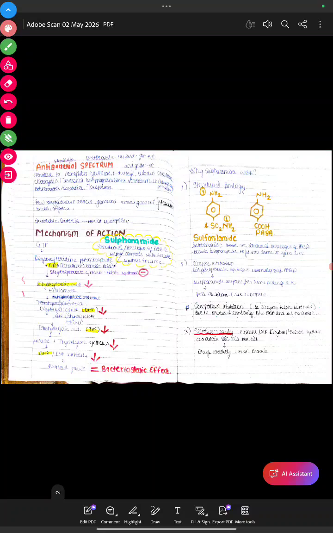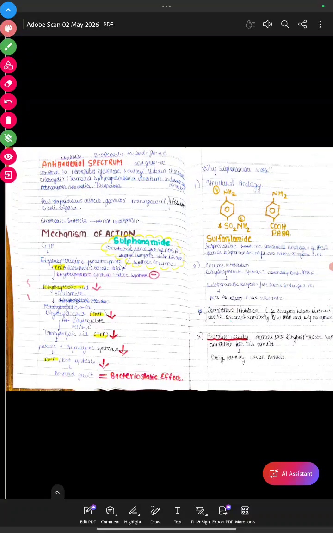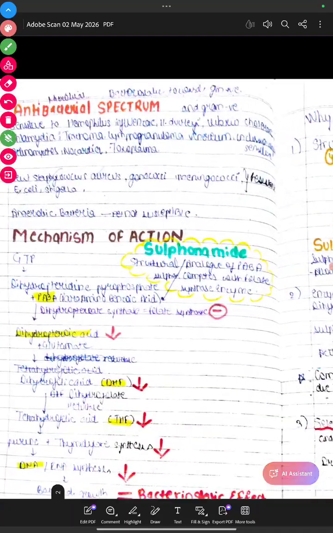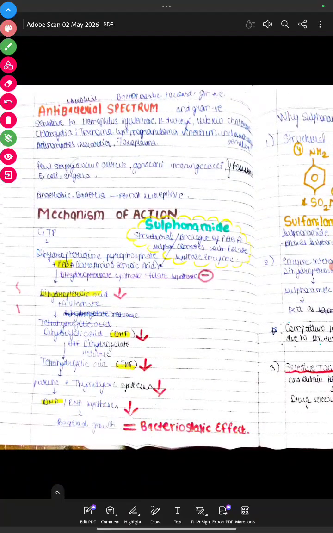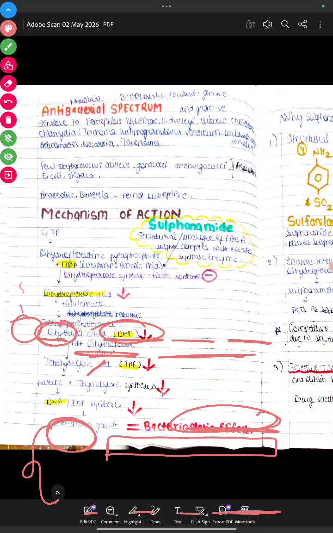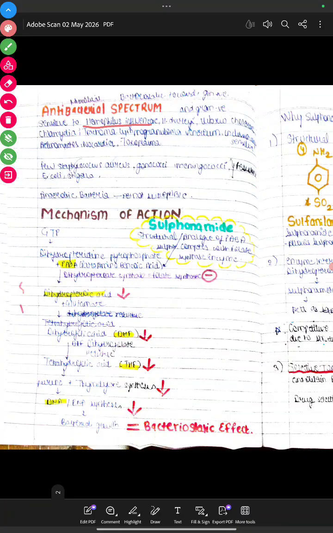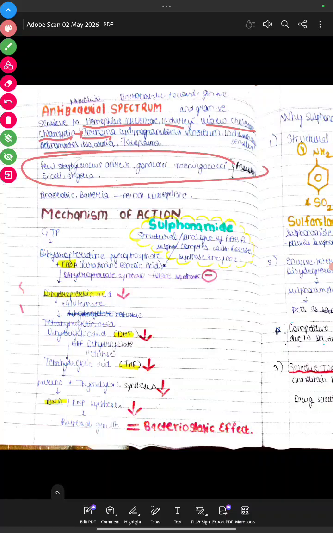For antimicrobial spectrum, see, in the book this is given very hodgepodge, like it is sensitive to Haemophilus influenzae, Haemophilus ducreyi, Vibrio cholerae, Chlamydia trachomatis, actinomycetes, Nocardia, toxoplasma, and these are the resistance.